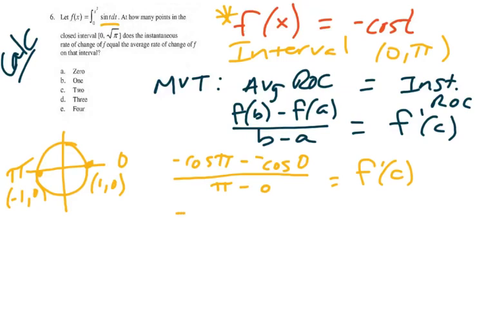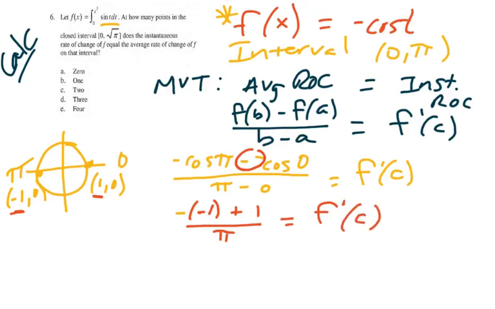So if I have negative cosine of pi, I need to look at the x value at pi, which is negative 1. And this minus the negative, I can just rewrite as plus. And cosine of 0 is the x value at the coordinate at 0, which is positive 1. And pi minus 0 is pi. So this ends up being 1 plus 1, which is 2 over pi, is equal to the derivative.